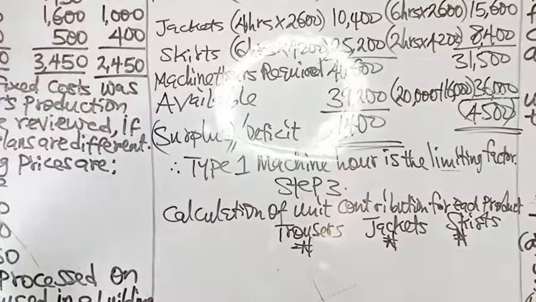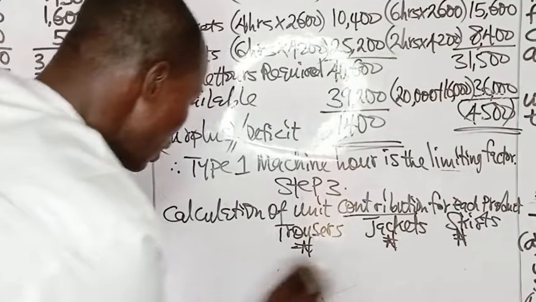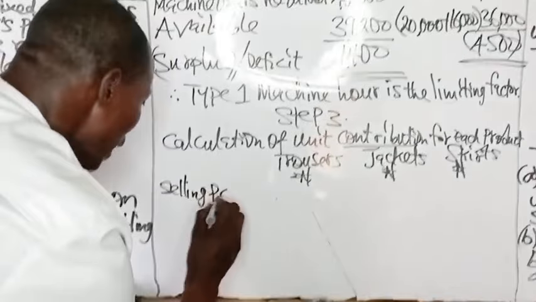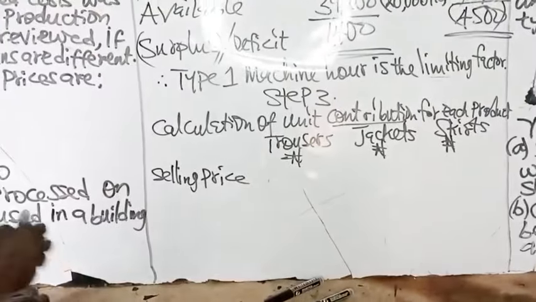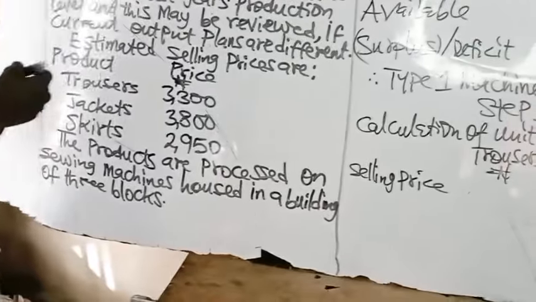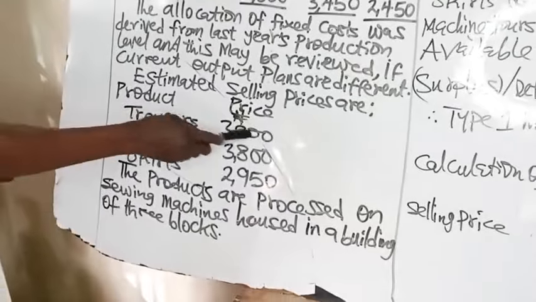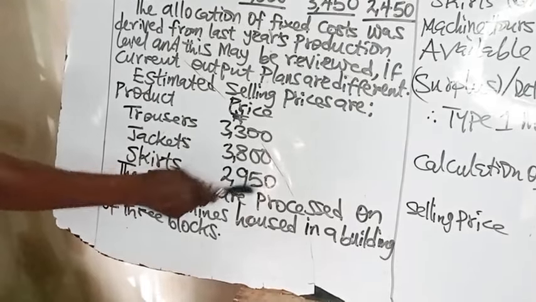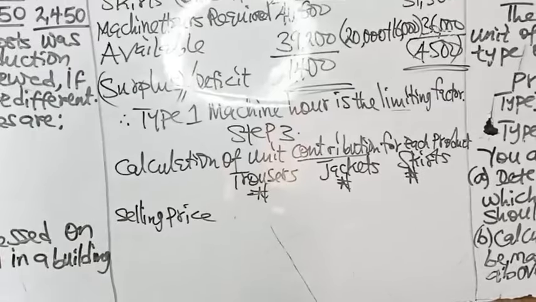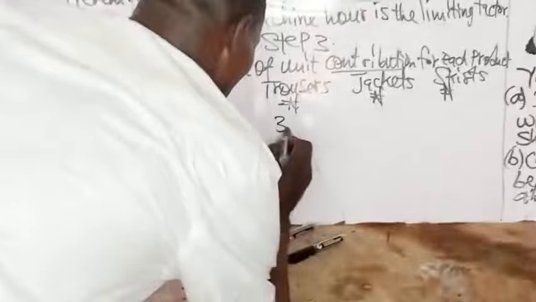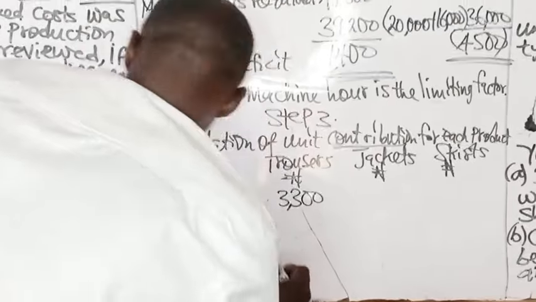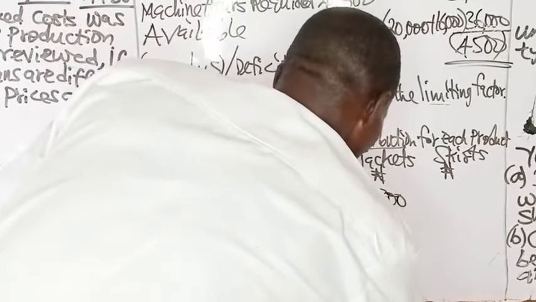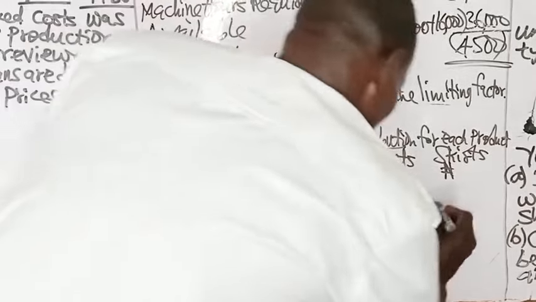So to calculate contribution, you have selling price. Back to the question, you have the selling price for trousers 3,300, jackets 3,800, and skirts 2,950.